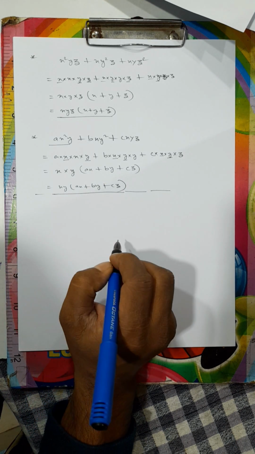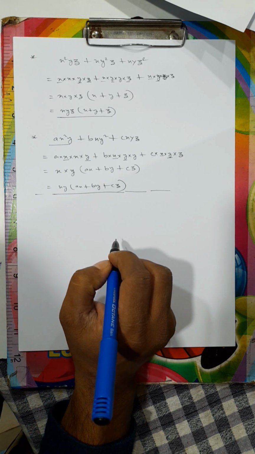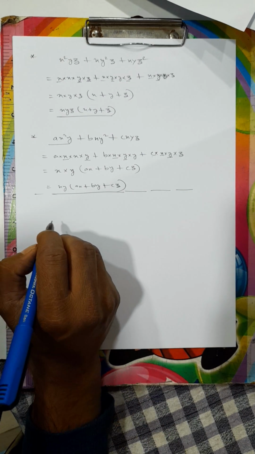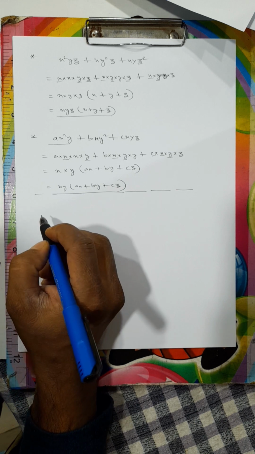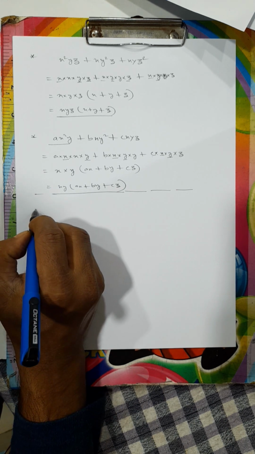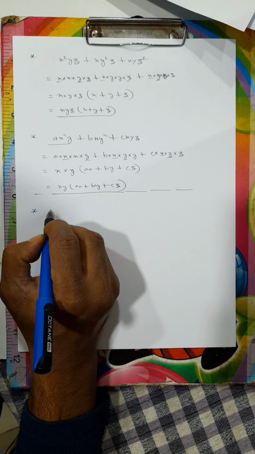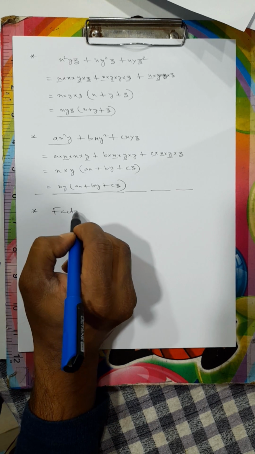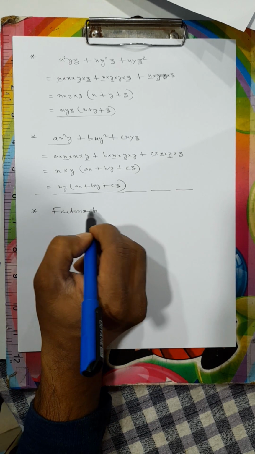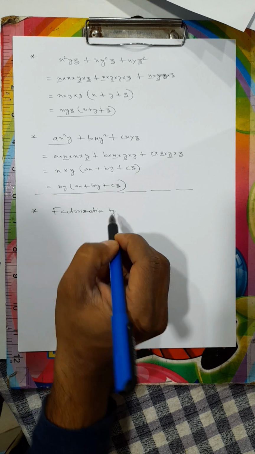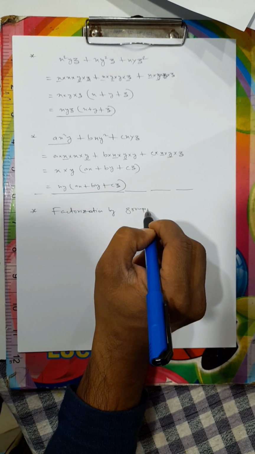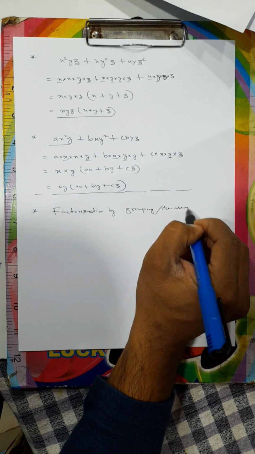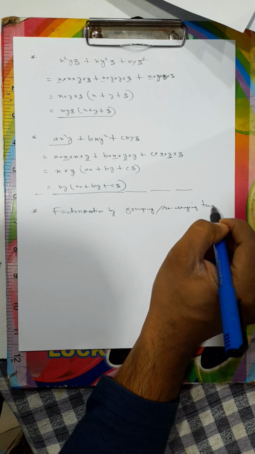Next we will do factorization by grouping terms, or we can say by rearranging terms. Now let us understand what grouping is.